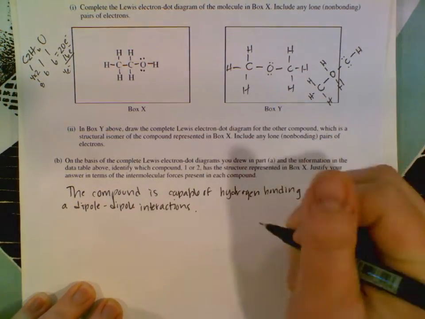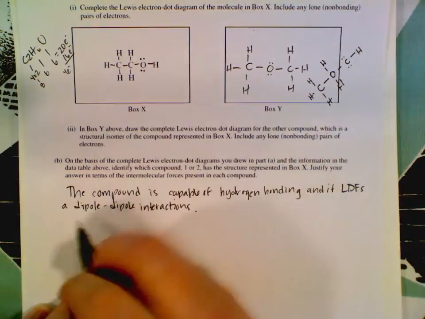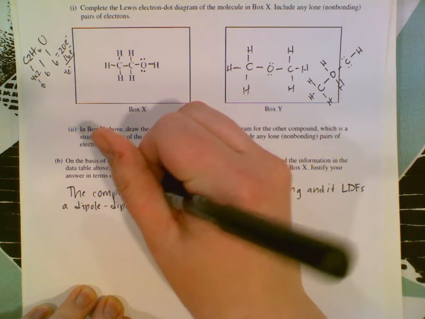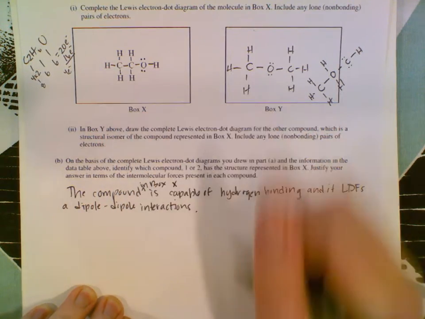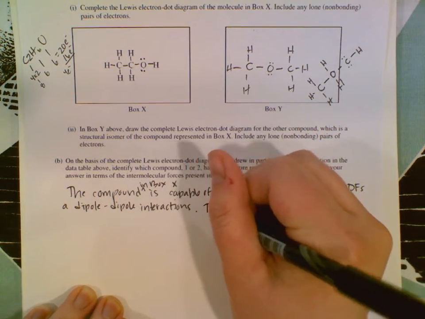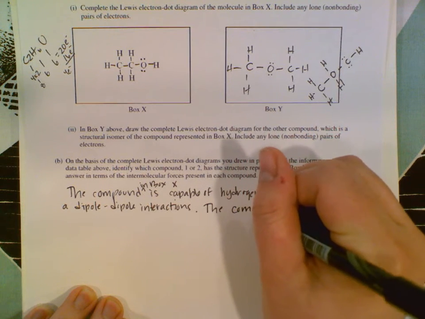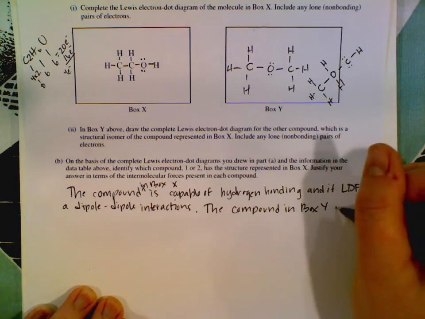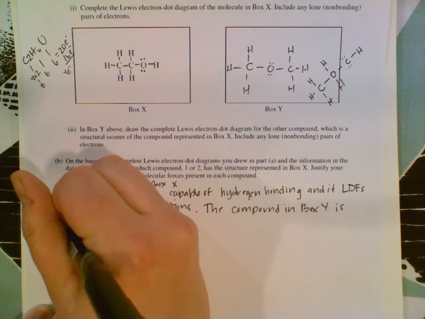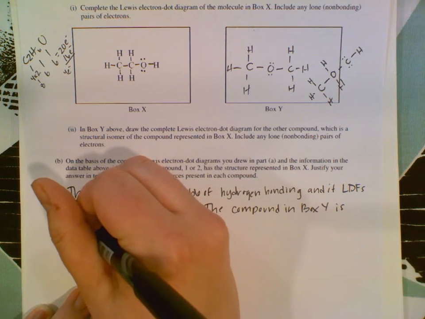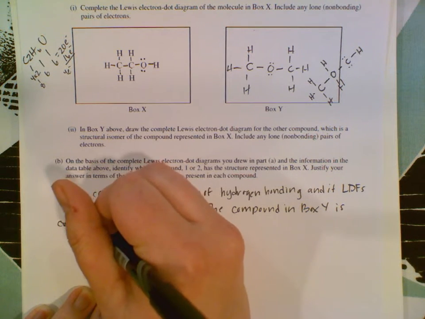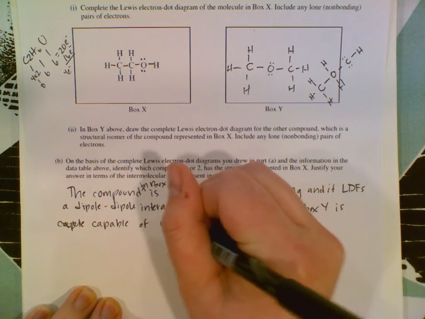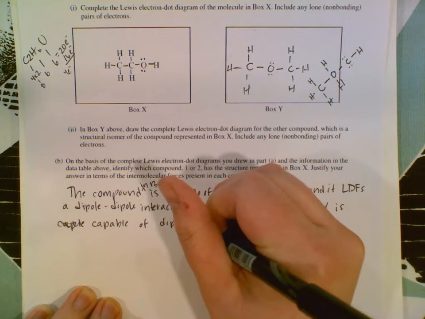Okay, then I would talk about, and you see here I said the compound is capable of hydrogen bonding. I've got to be specific, so I'd say the compound in box X. I would follow it up by saying the compound in box Y is capable, I'm spelling wrong, of dipole to dipole interactions and London dispersion forces.